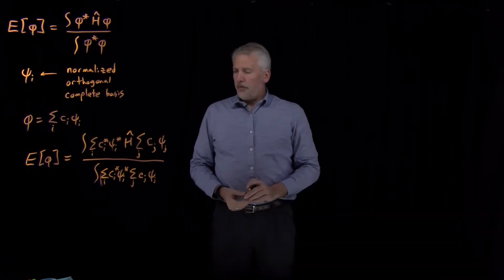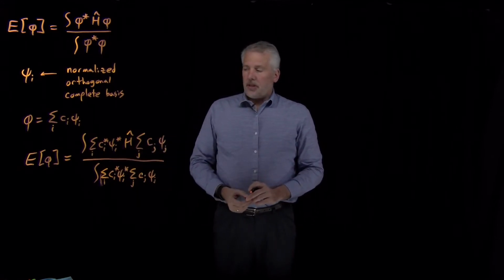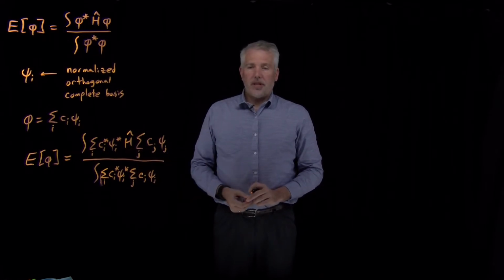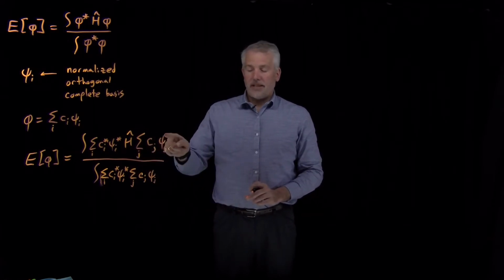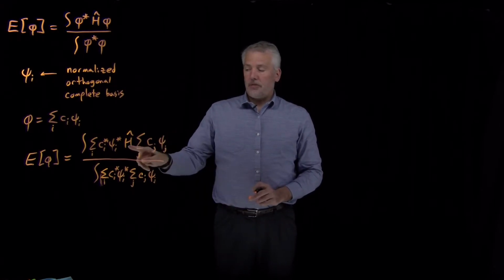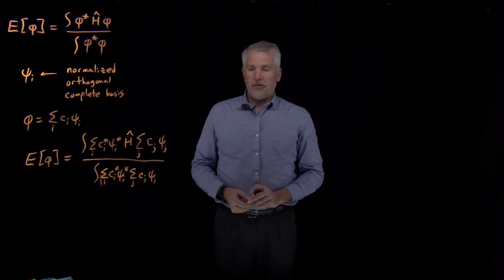Now, if I look at what I've written here, we can rearrange these sums and integrals to some degree, remembering that the Hamiltonian, of course, has some derivatives in it. So the Hamiltonian is acting on everything that comes after it. It's acting on this wave function. But in terms of the derivatives here, I don't have to worry about what that does to this linear coefficient, this just constant multiplying by the wave function.